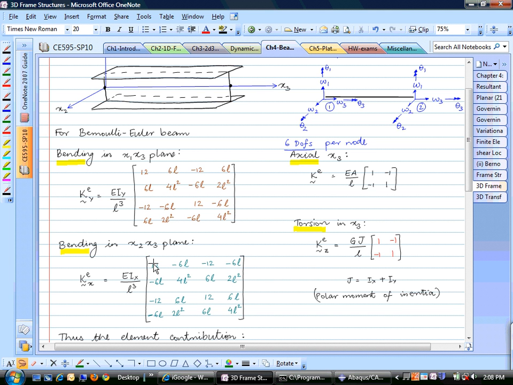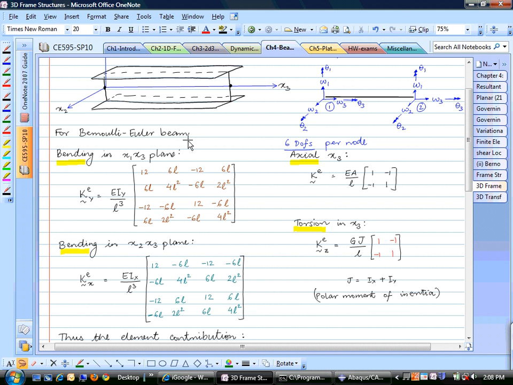But if we have to approximate using a shape function and get these elements, what would be the order of approximation to get these exact elements? So these are the Bernoulli-Euler beam stiffness matrices that we just talked about using the Hermite cubic shape functions.